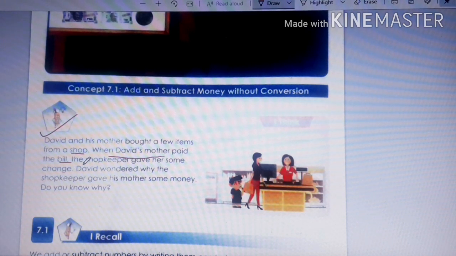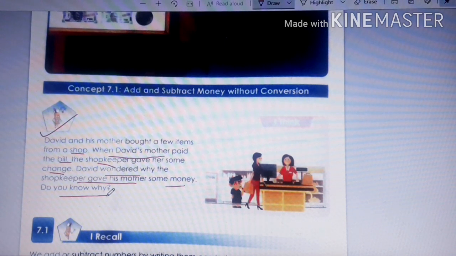So when David's mother paid the bill, she paid the amount written in the bill. The shopkeeper gave her back some change. David wondered why the shopkeeper gave his mother some money. Do you know why? Can you think over it, children? The shopkeeper gave David's mother back some money.